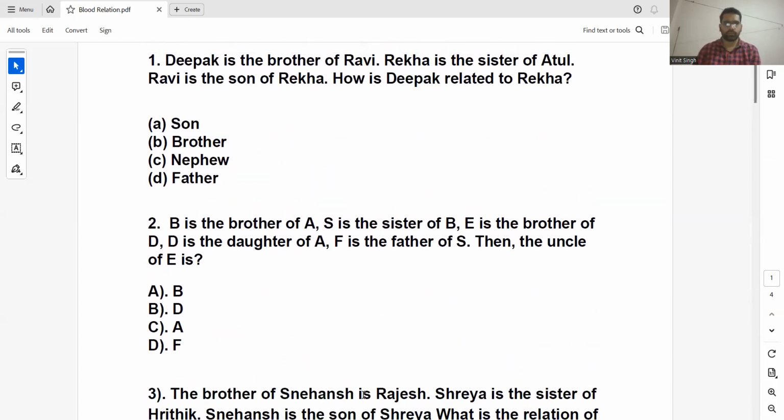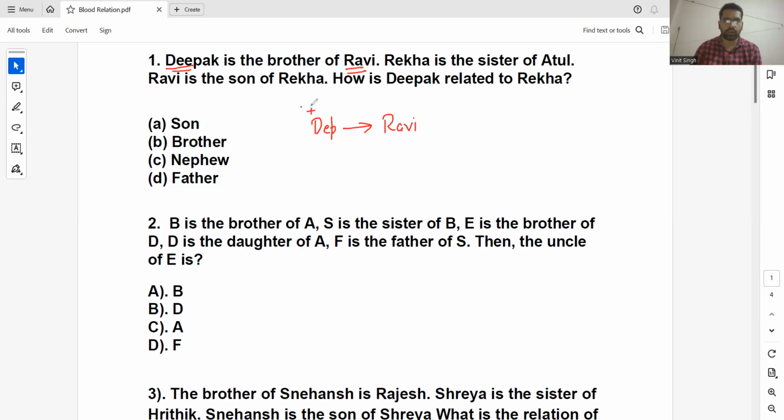Question number 1. Deepak is the brother of Ravi. Deepak is the brother, so the generation of Deepak and Ravi will be the same. They will exist in the same generation because there is a brother. So, we will write Deepak is the brother of Ravi.